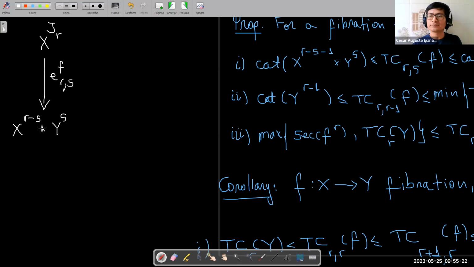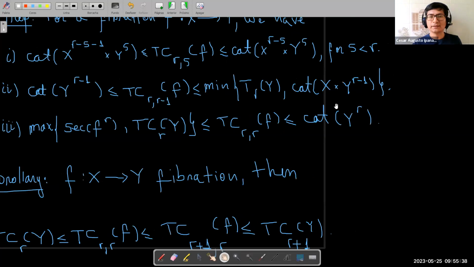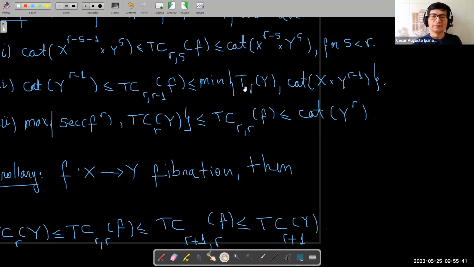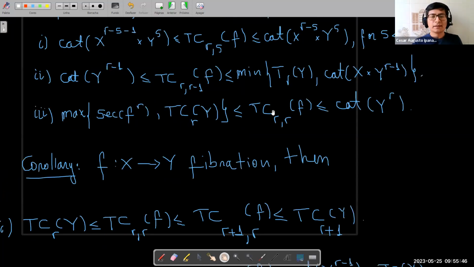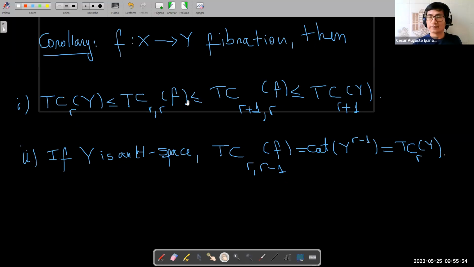We obtain the classical estimate for this: the sectional number of this is less than or equal to the category of this product. For that reason we obtain this estimate, and this follows from the previous result. This is the method. In particular, we have a refinement of the monotonic hierarchy of Rudyak.